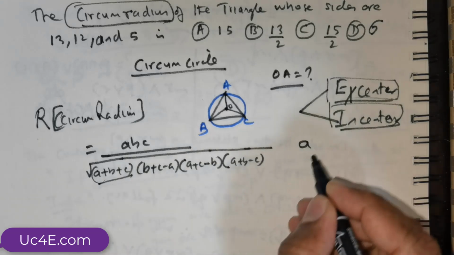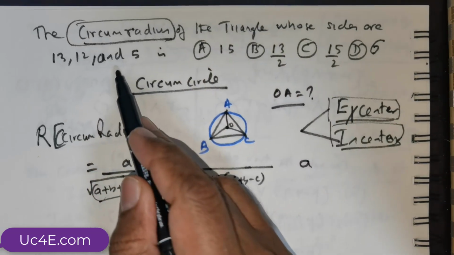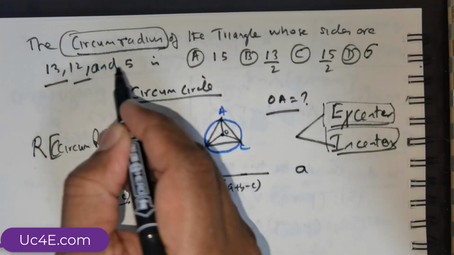I'm going to be taking the values given by the question: 13, 12, 5.